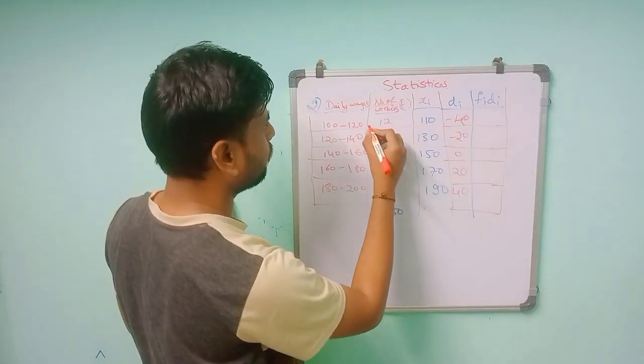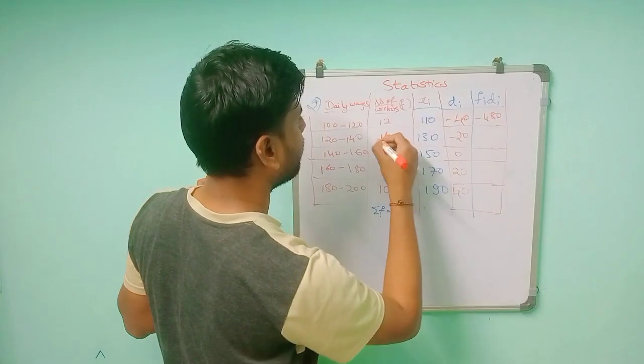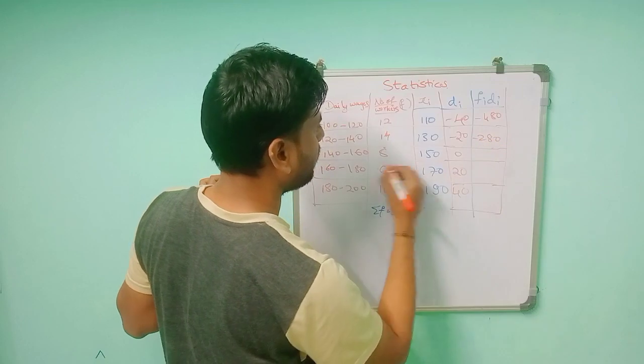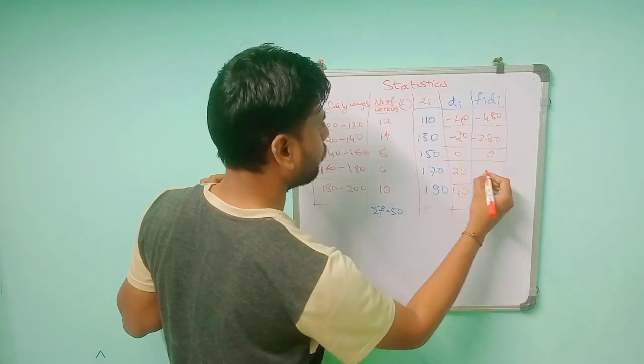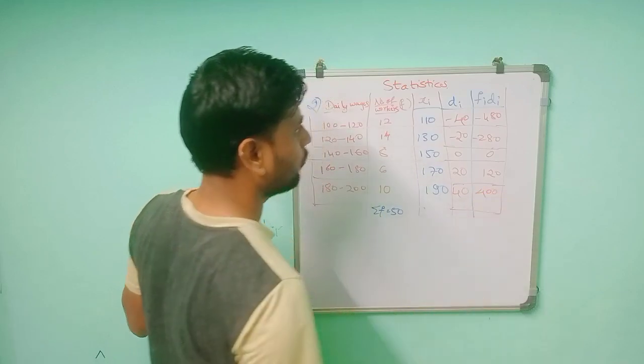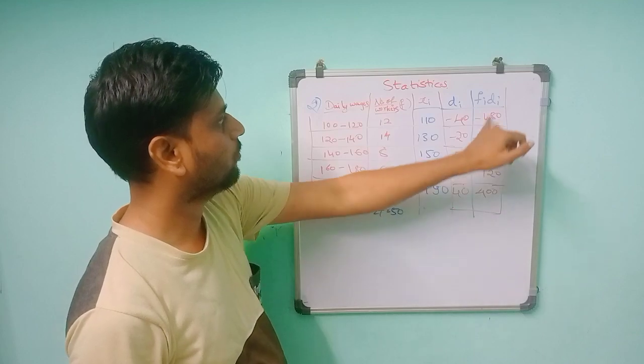Then Fi into di. So this one 12 into 40 is minus 480. Then 14 into 20 is minus 280, then 8 into 0 is 0, then 6 into 20 is 120 and 10 into 40 is 400. So we got 2 positive values and 2 negative values.